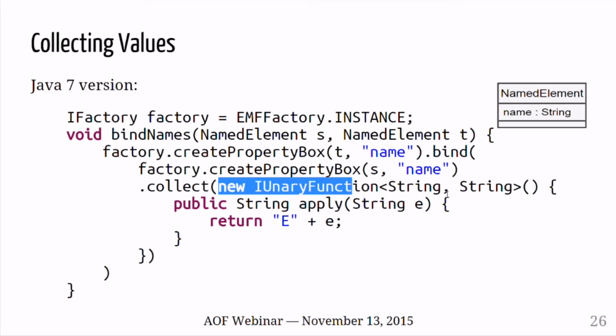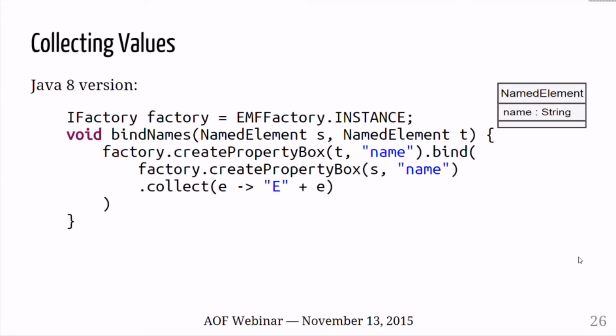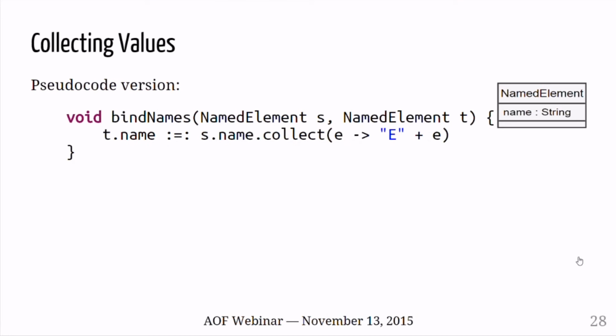As you can see in Java 7, you have to have this inline class and method definition. But of course, with Java 8, you can have a much simpler syntax. And actually, AOF is compatible with Java 7 and can be compiled on Java 7 because it has to be compatible with Papyrus, which is Java 7. But if you want to use it with Java 8, you can leverage the lambda, of course.